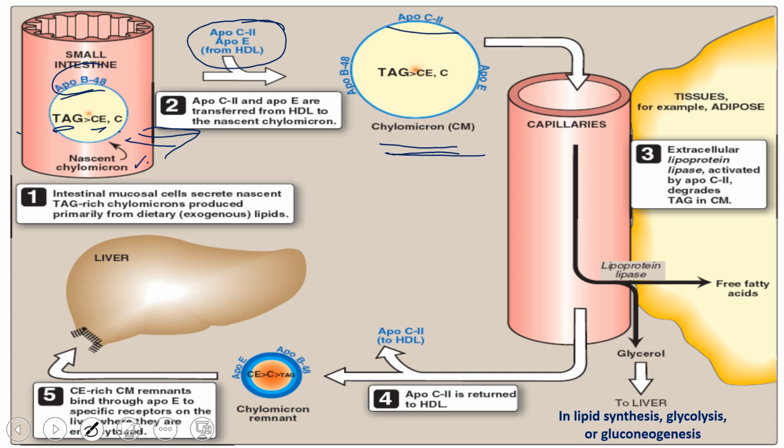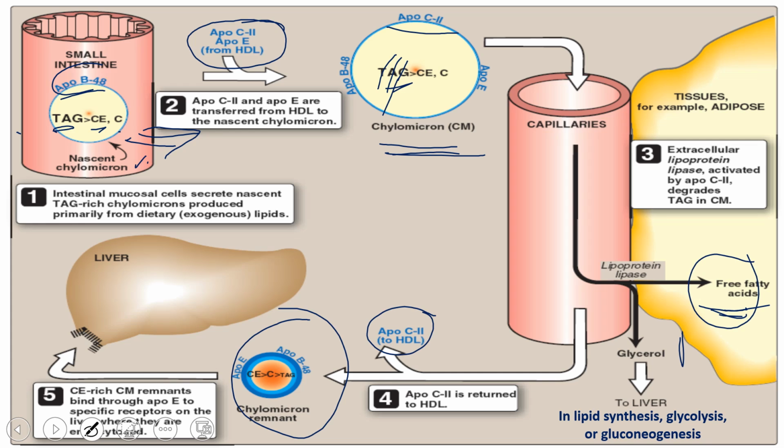Once the lipoprotein lipase is activated, it works on the triglyceride and digests it into free fatty acids and glycerol. Free fatty acids will be used by the tissue, and the glycerol goes to the liver, mainly for the gluconeogenesis process. Once triglyceride is digested, the remaining component also loses C2 and some of the apoproteins, and becomes small in size because it loses triglycerides.